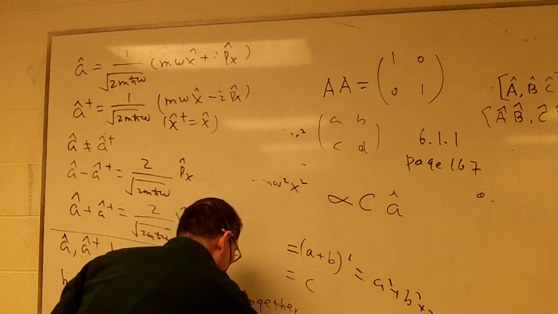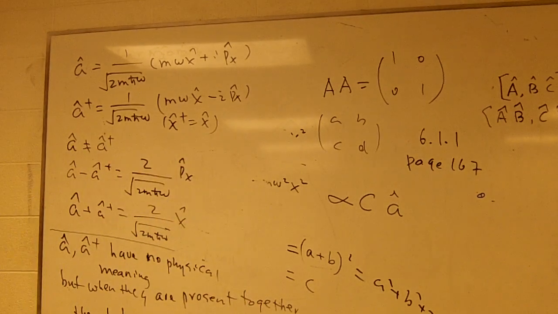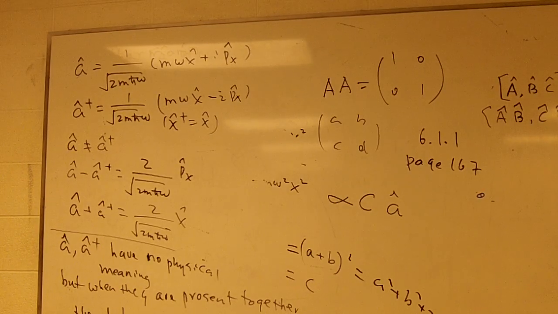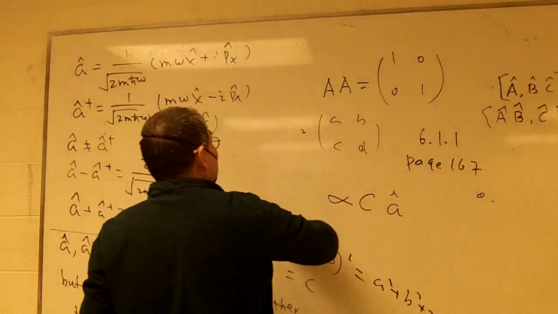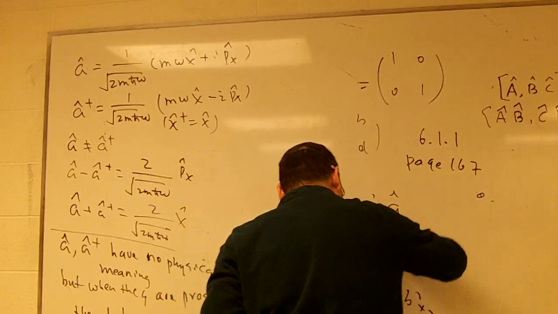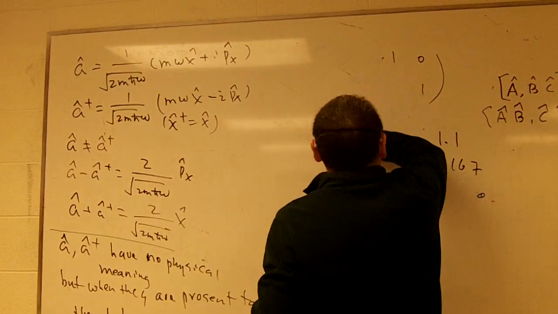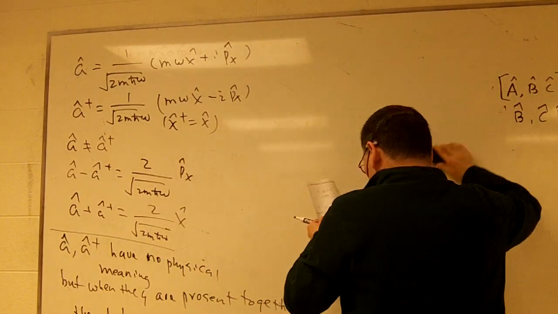So you cannot simply use a single one to create something physically meaningful, but when they are present together, it has meaning. And this is not a Hermitian operator. We'll quiz you next week to make sure you see that it's not Hermitian, because a and a dagger are not equal to each other.